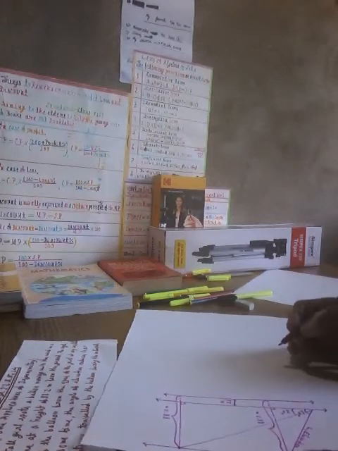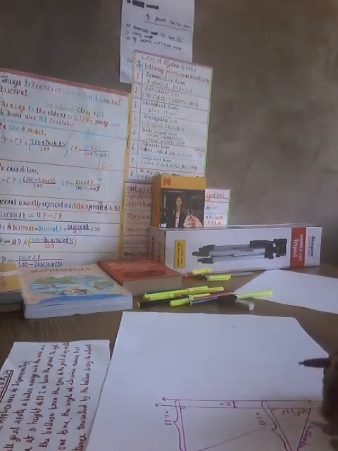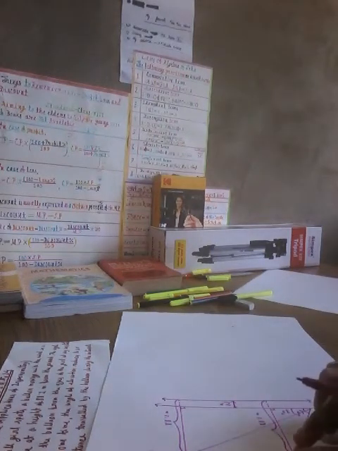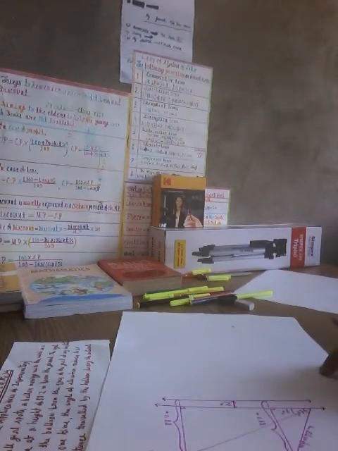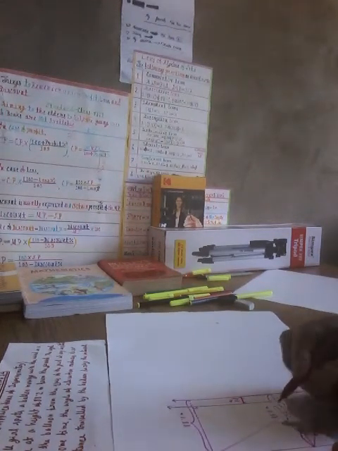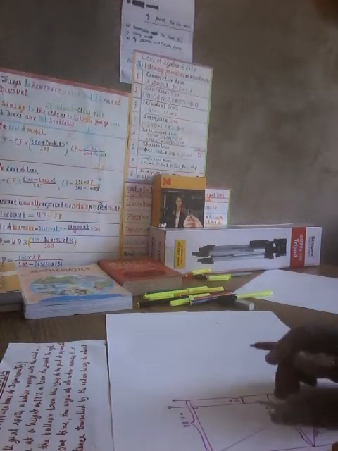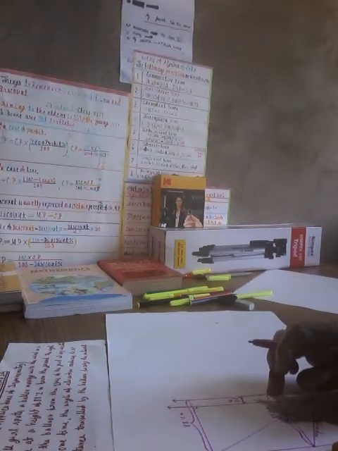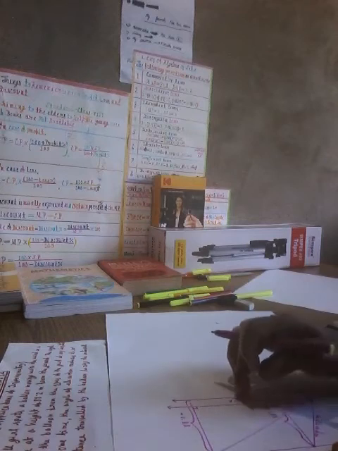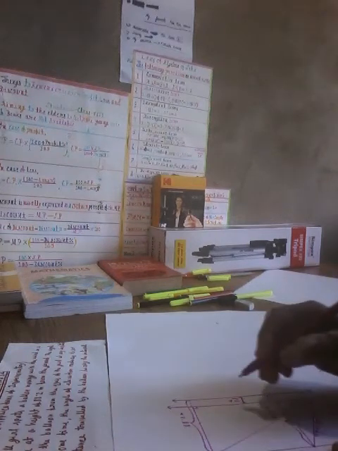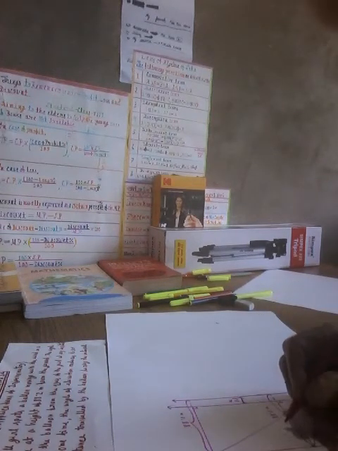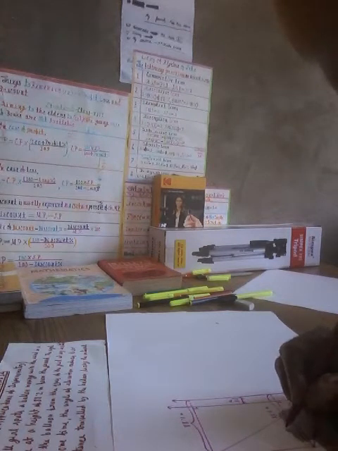So the distance between these two horizontal lines will be, therefore, 88.2 meter minus 1.2 meter. If we deduct, then it will be 87 meter.